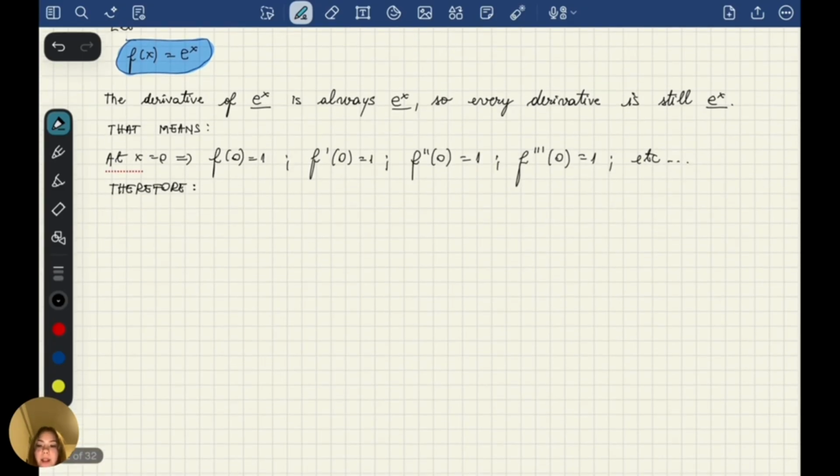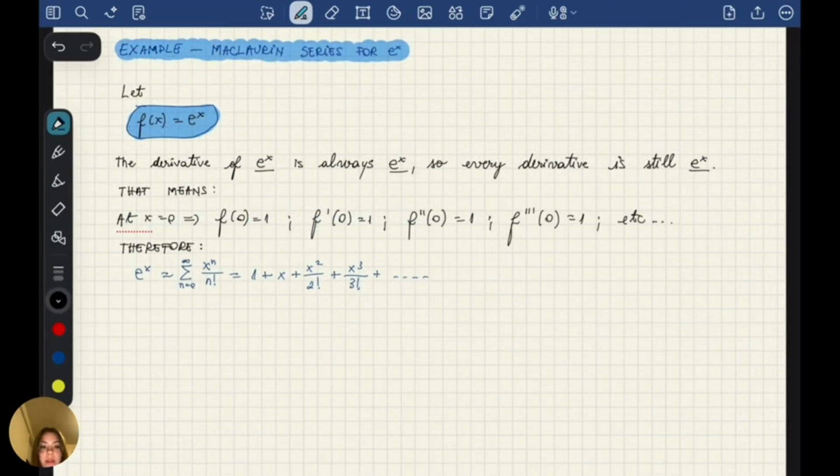So e to the x is actually equal to the sum from n equals 0 to infinity of x to the n over n factorial, which is going to be equal to 1 plus x plus x squared over 2 factorial plus x cubed over 3 factorial, etc. It's going to keep going because the derivatives are all equal to each other.